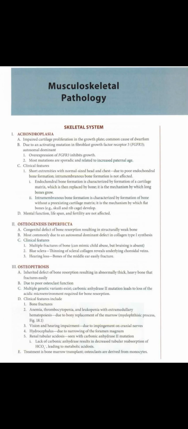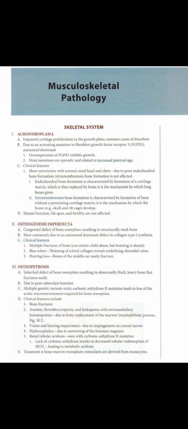Osteogenesis imperfecta. Congenital defect of bone resorption resulting in structurally weak bone. Most commonly due to an autosomal dominant defect in collagen type 1 synthesis. Clinical features: Number 1.